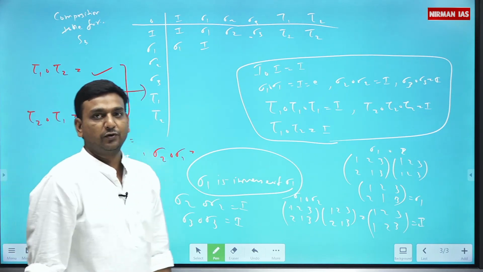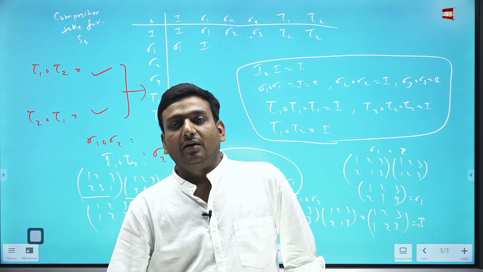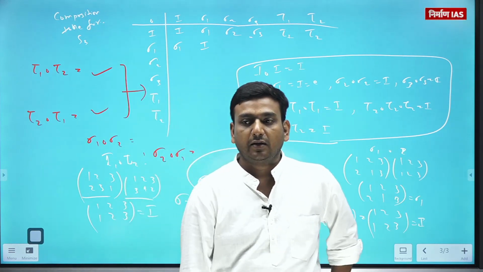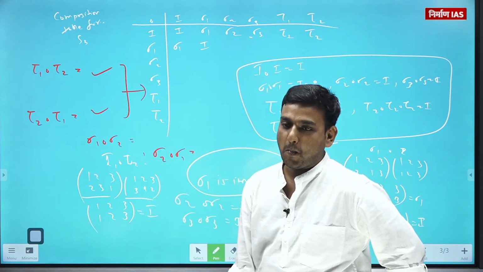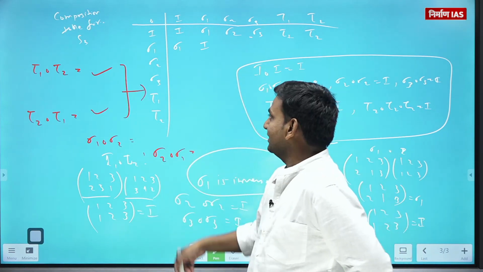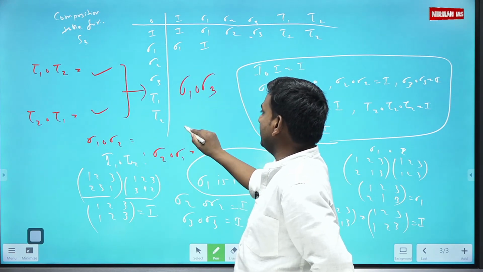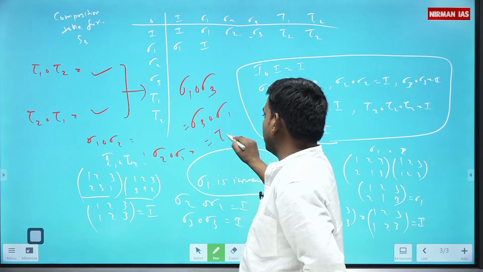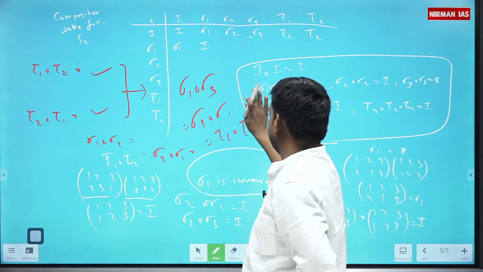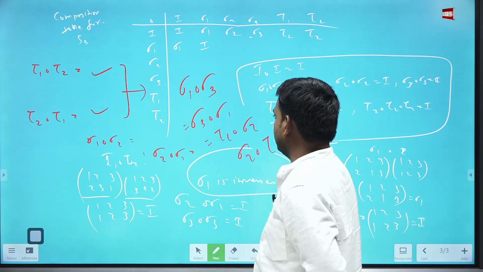What you are going to get, note it down. Then compose sigma 1 composition sigma 3 and sigma 3 composition sigma 1, or tau 1 composition sigma 2 and sigma 2 composition tau 1.